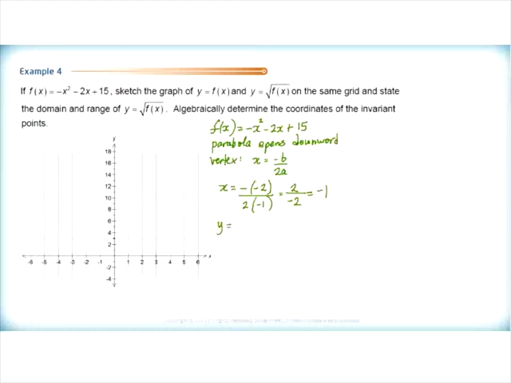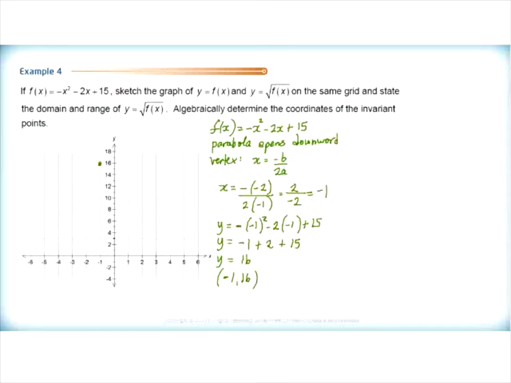The y-coordinate of the vertex, and you have to be careful here with the signs, is minus -1 squared, -2 times -1 plus 15. So -1 squared is +1. With a negative in front, it's -1. Plus 2 plus 15. So the y-coordinate of the vertex is at 16. So the vertex here is at -1 and 16.